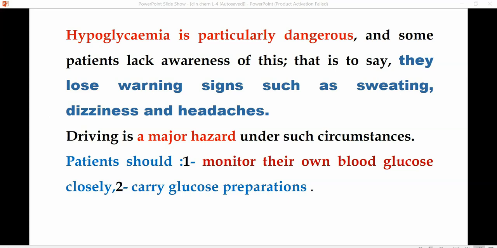During hypoglycemic episodes, if the patient is driving, it is considered a major hazard not only for himself but for other people. Therefore, the patient should always monitor their own blood glucose level closely and always have in their pocket some glucose preparations to avoid hypoglycemic episodes.